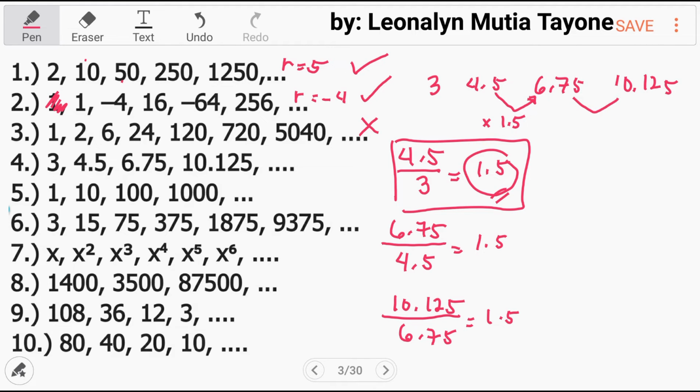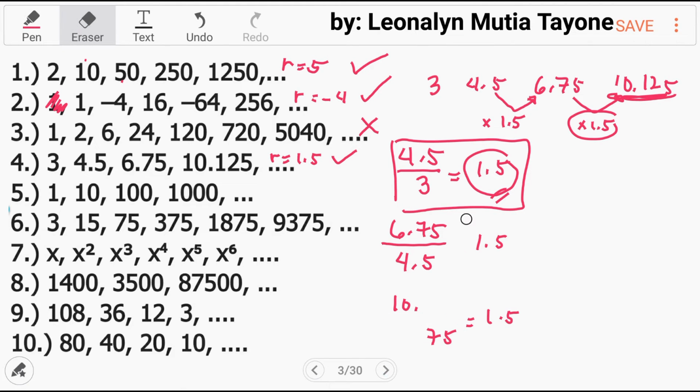Now, 6.75, i-multiply natin ng 1.5, and that is equals to 10.125. So, therefore, meron siyang common ratio which is 1.5. So, ito na yung geometric sequence. Then, para ma-identify natin yung next term dito, i-multiply lang din ng 1.5.